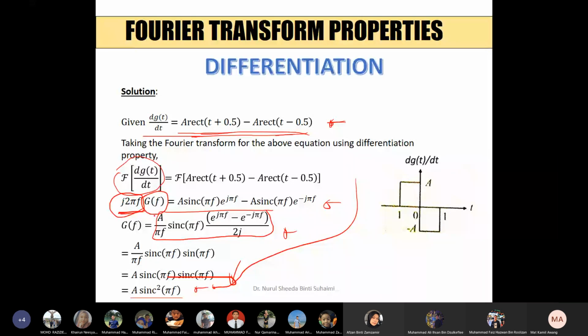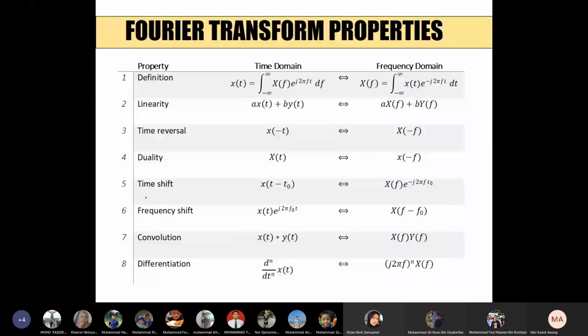That is the Fourier transform properties. We have covered all of them, all 7 properties. The first one is distribution. These are properties related to the LTIC system: linear, time invariant, and causal system.